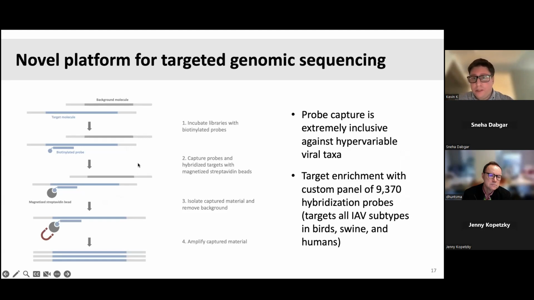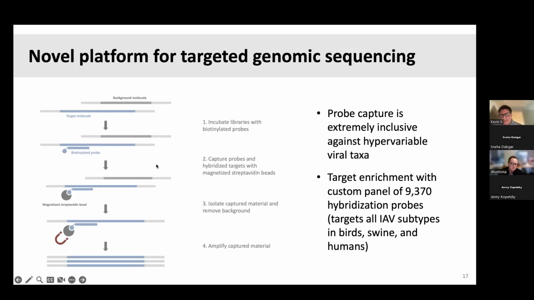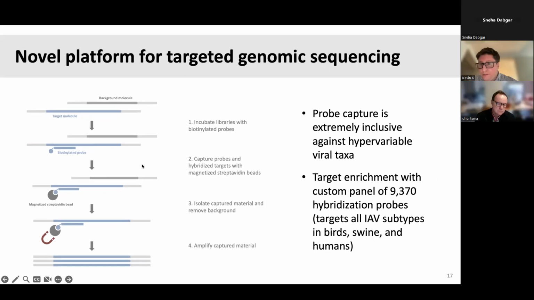So first of all, for the target enrichment, we do that by hybridization probe instead of multiplex PCR. I've got a little cartoon here illustrating the basic probe capture workflow, but I'm not going to go through it step by step, because I think really the most important thing to know about probes is that they're significantly less impacted by genetic mismatches than PCR primers.